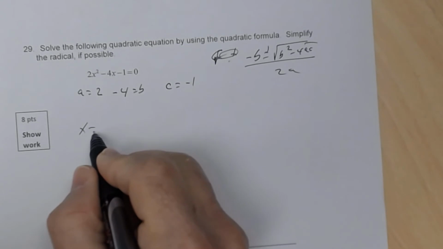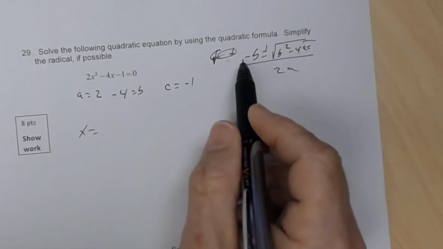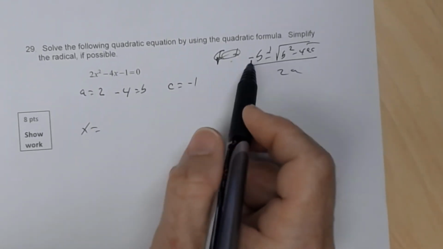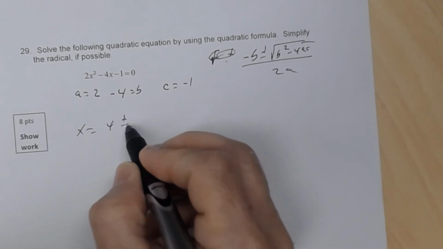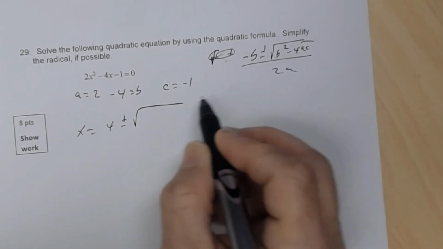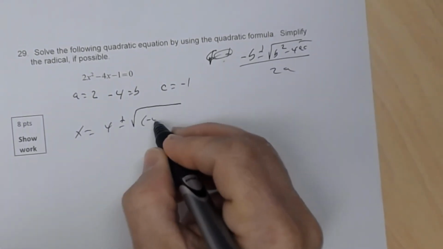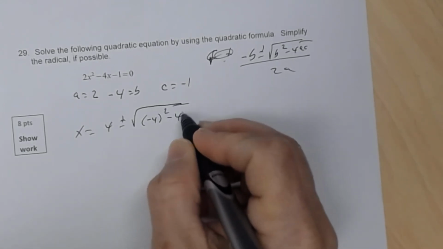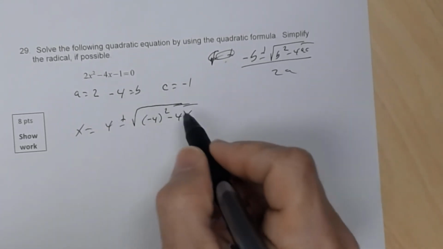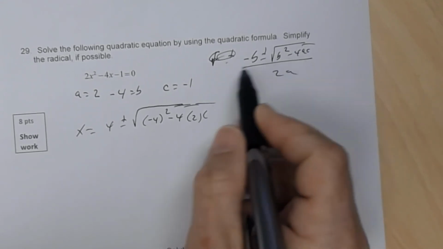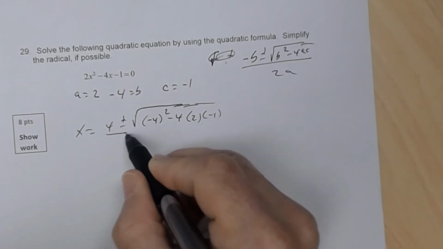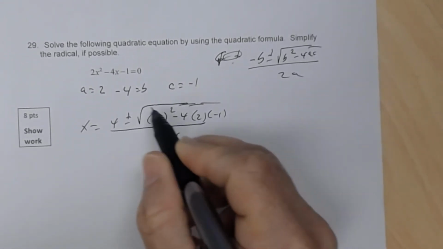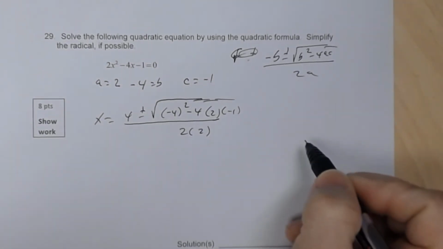All right, so you can say x equals, that's your variable, x will be the opposite of b. Well, b is negative 4. The opposite of negative 4 is a positive 4. Plus or minus the square root of b, which is negative 4 squared, minus 4 times a, which is 2, times c, which is negative 1, all over 2 times a, and a is 2.